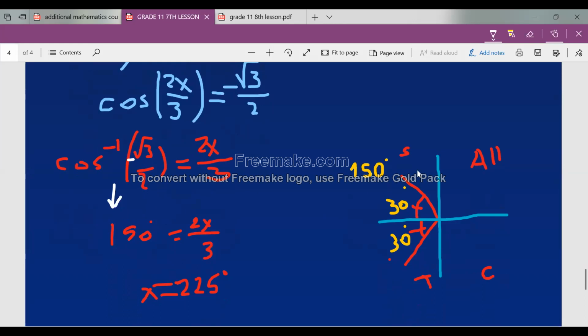This is our angle in the second quadrant. But we try to find the value of x. So this theta equals 2x over 3.